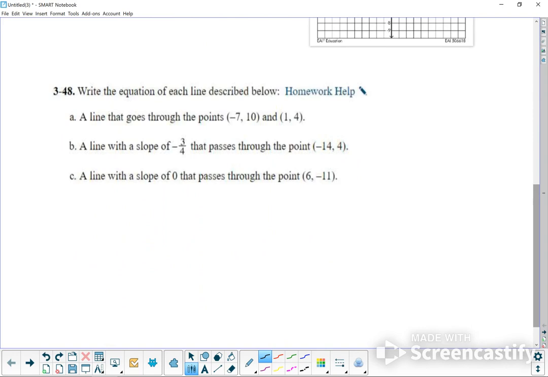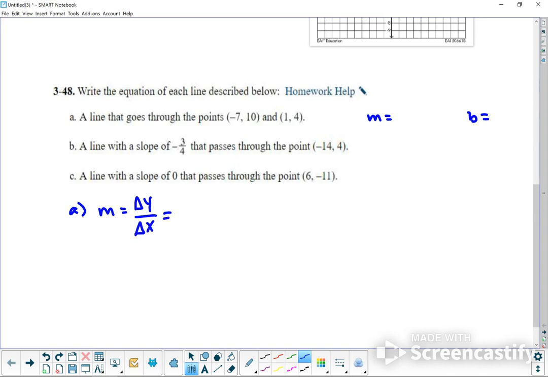Write the equation of a line described below. Okay, a line that goes through the 2 points. So to find that, we need a B value, and we need a slope. Okay, the slope is found if I take the y's and subtract them. So remember, the slope is going to be the change in y divided by the change in x.